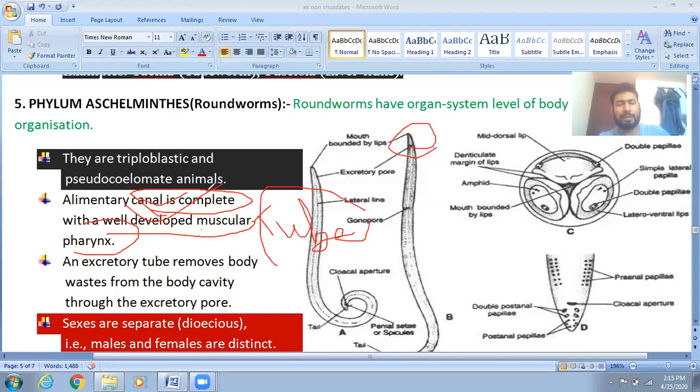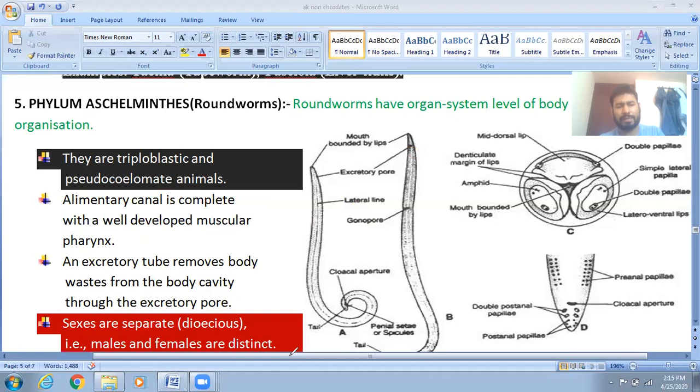So here it is showing complete digestion, and they have the muscular pharynx. An excretory tube removes the body waste from the body cavity through the excretory pore. It means they have an excretory pore by which they remove the excretory material.